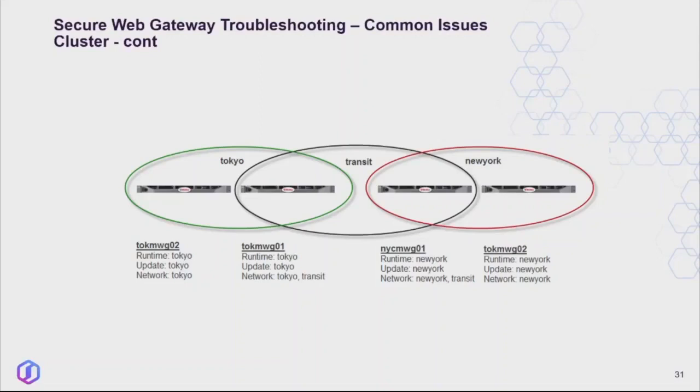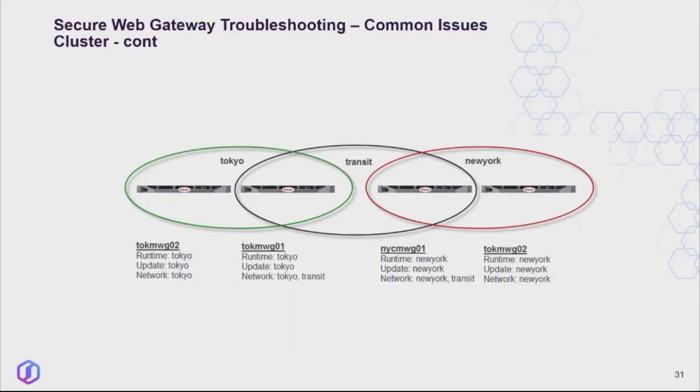Tokyo 2 would talk to Tokyo 1. Tokyo 2 wouldn't need to talk to New York 1 or New York 2. So it will keep the cluster in a better performing state.